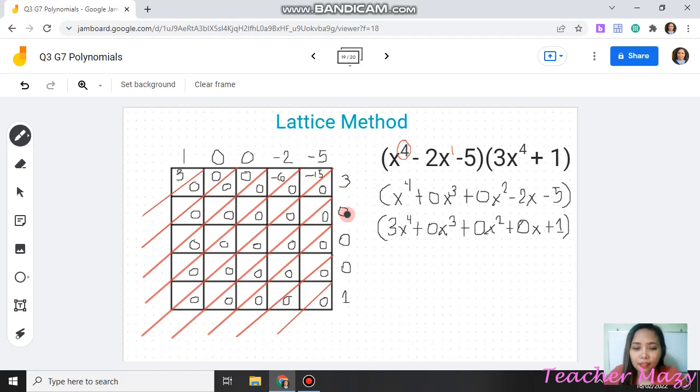Okay, next row. Since this is 0, our multiplier is 0, so all the entries or all the products are 0. Next, this is also 0, so that is 0 as well. And of course, same with the fourth row.